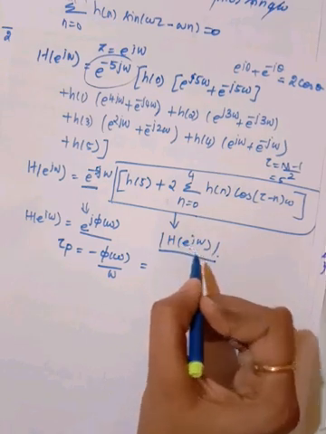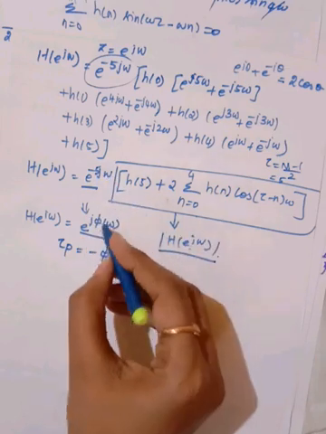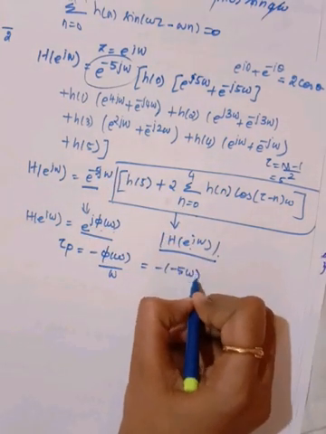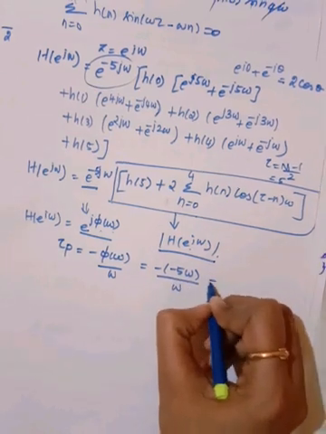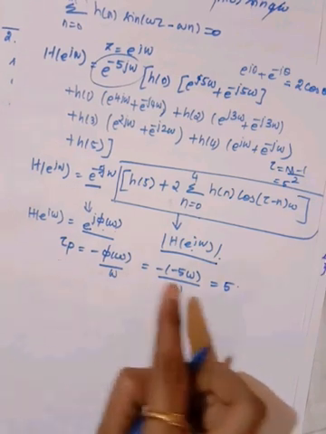We have found the magnitude response, and from this we find the phase response. Phi of omega is nothing but minus 5 omega, divided by omega, which is equal to 5. So we have found tau phi is equal to 5.